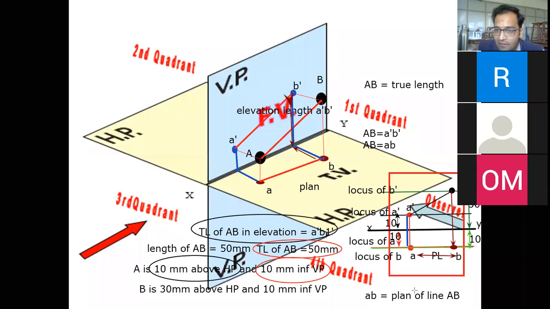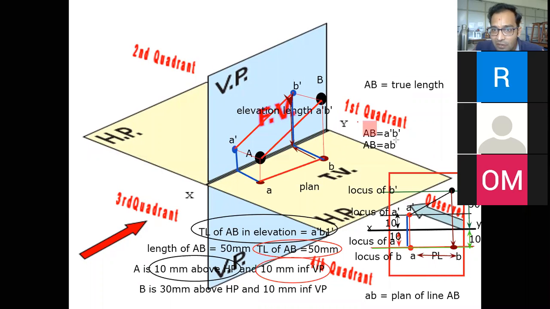Okay. Now what is your task? Your task is to identify the elevation length. In our case, the elevation length is equal to the true length. Is it so? We have already said that in our case AB is going to be equal to A dash B dash.